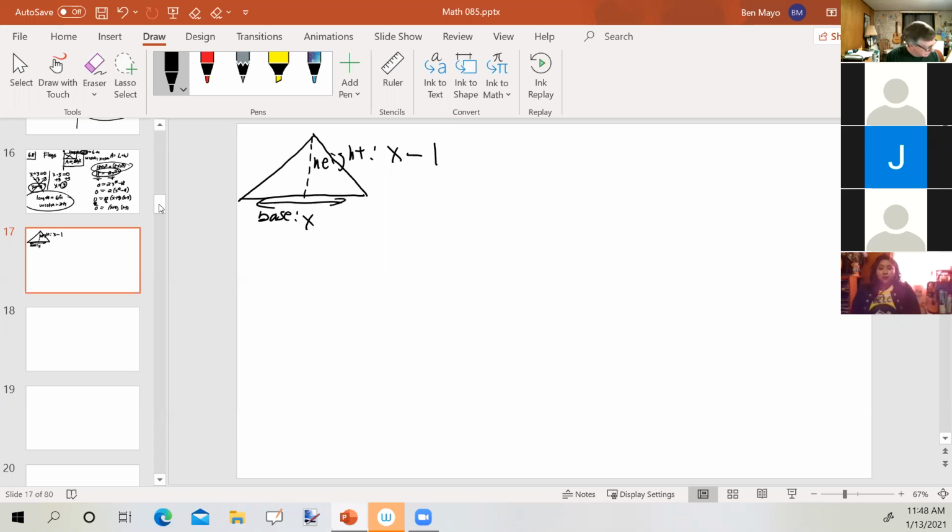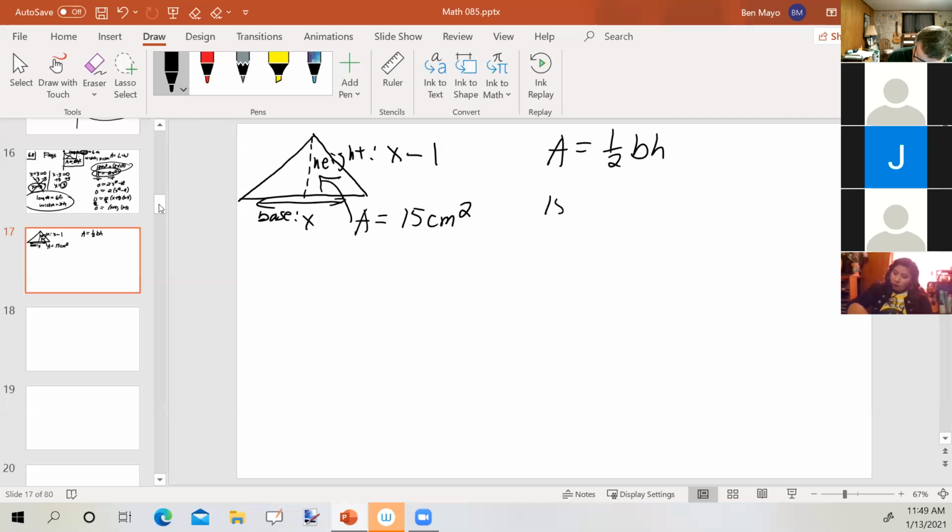Now, they also tell us that the area of the logo, so this inside area, is 15 square centimeters. The last problem we had a rectangle. This is a triangle. The area of a triangle is 1/2 the base times the height. So in this case, the area is 15, the base is x, and the height is x minus 1.